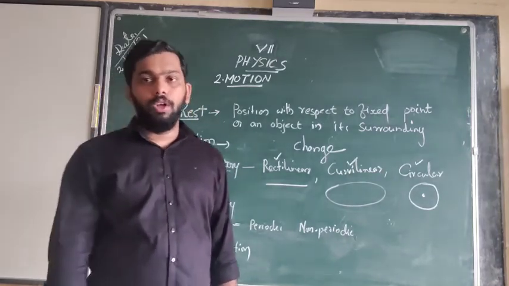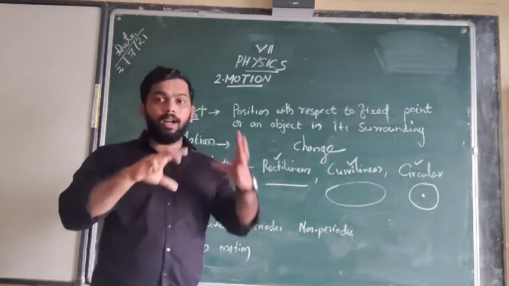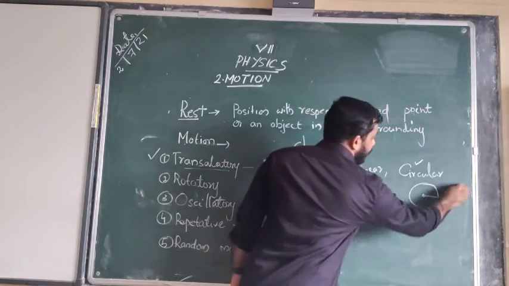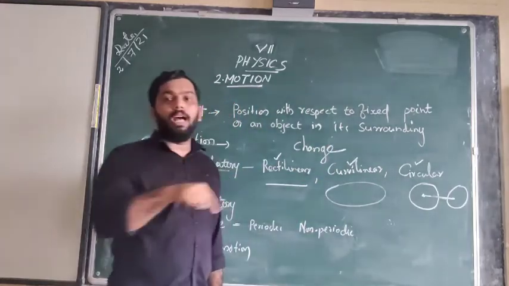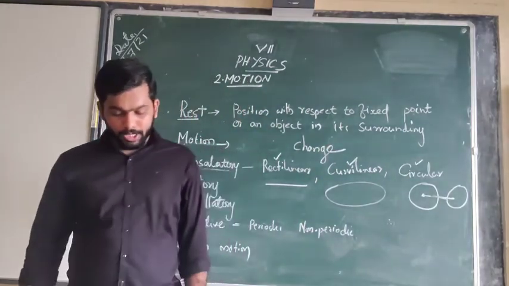Another is the wheel of a moving car. The car wheel is round in shape and the axle is between two wheels. One axle is connected and these wheels run around the axle. That is also an example of rotatory motion.